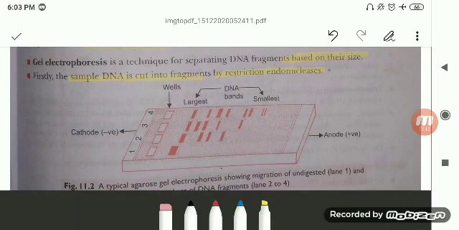The current will start, and the DNA starts moving towards the positive side, because the DNA is negatively charged, and it will move towards the positive charge. The larger fragments, which are of heavy molecular weight, stay towards the well side, and the smaller ones will move farther, and then we can extract them. So see the steps one by one.